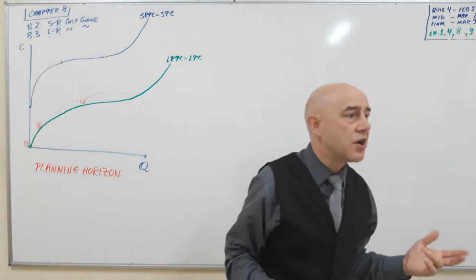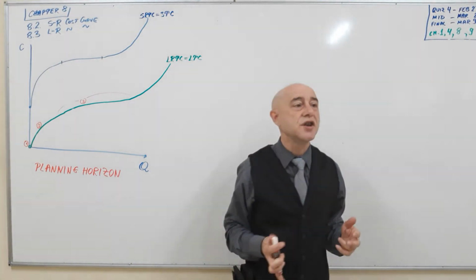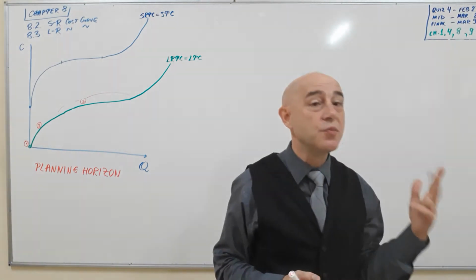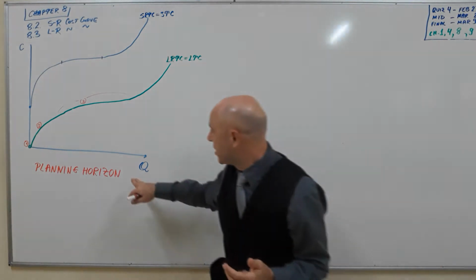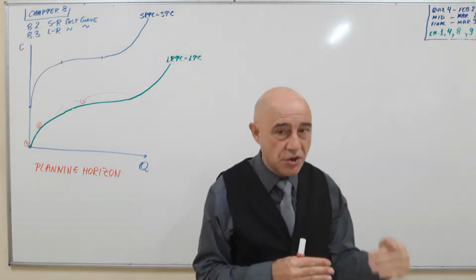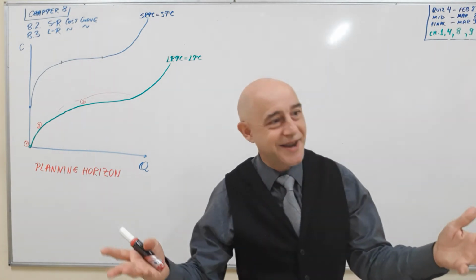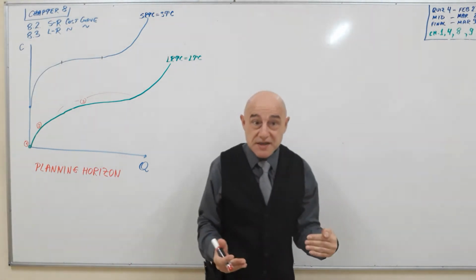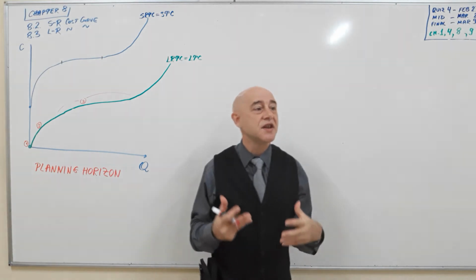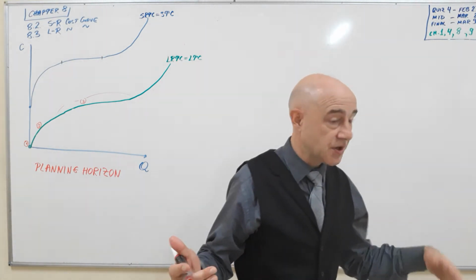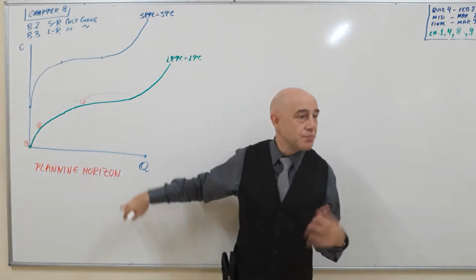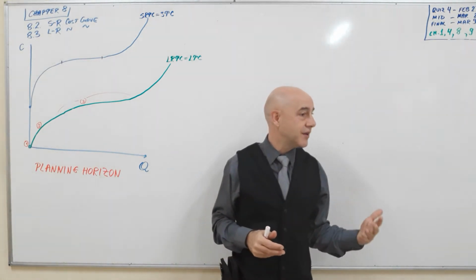And planning horizon is essentially what people in business mean by long term. Planning horizon is the period over which, again, it's the same definition, businesses can adjust their fixed cost sufficiently to improve their overall efficiency.